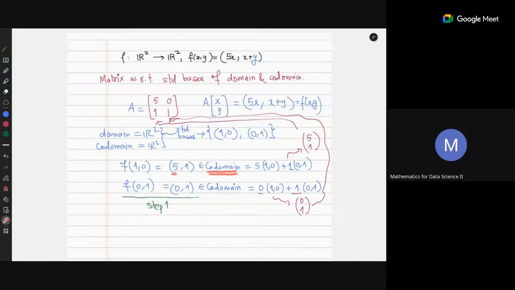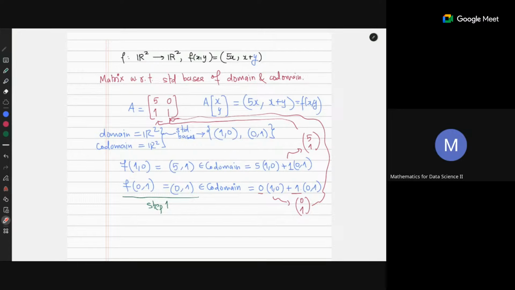I have expressed 5, 1 in terms of the basis. If I do that, I will get 5 and 1, and 0 and 1 as the coefficients for the first vector. Remember, I keep saying first basis vector and second basis vector, so it must give you a sense that the order of the basis vectors of the domain must be important.